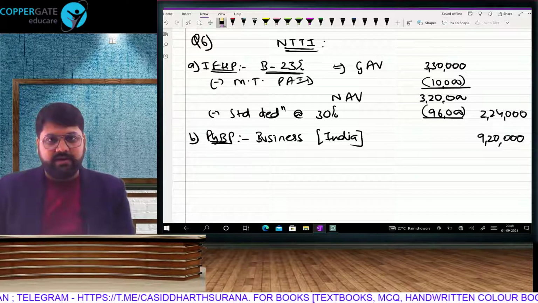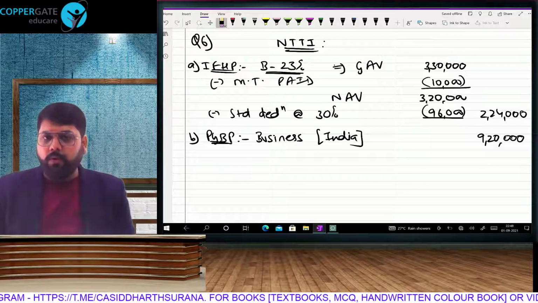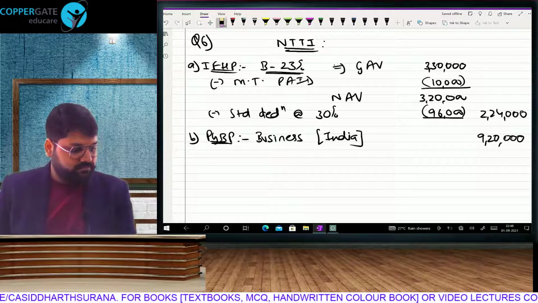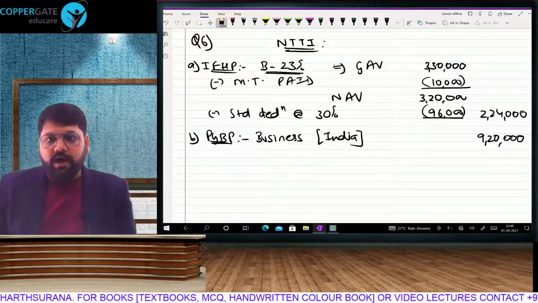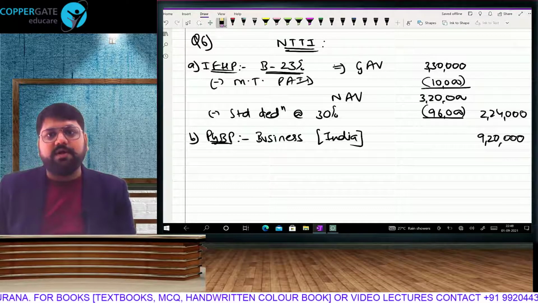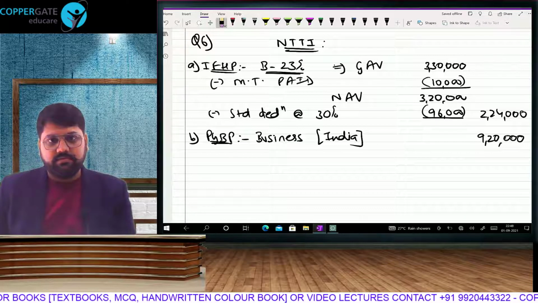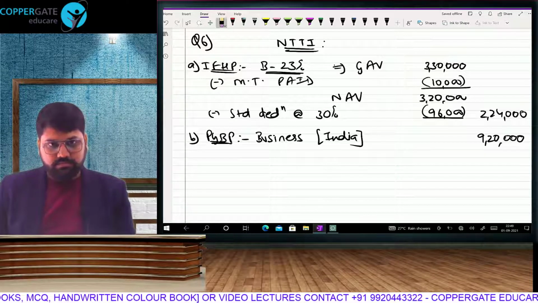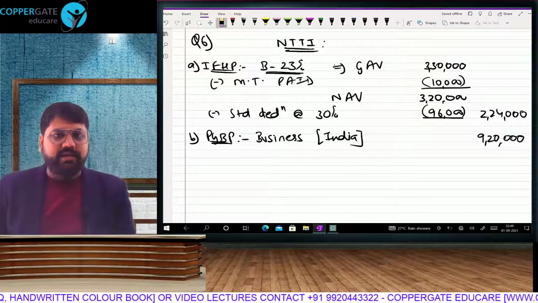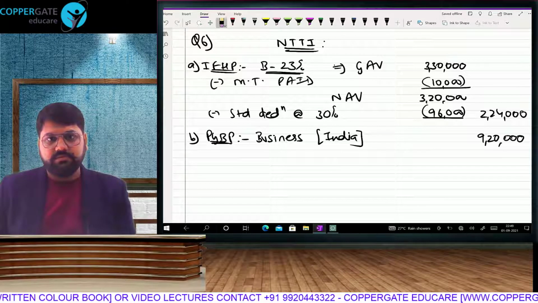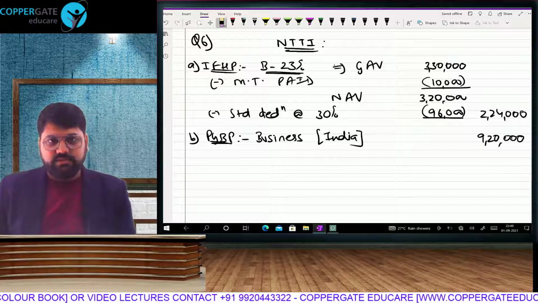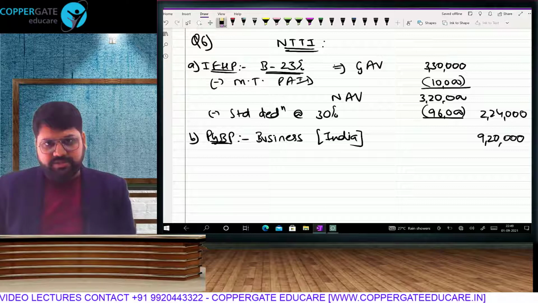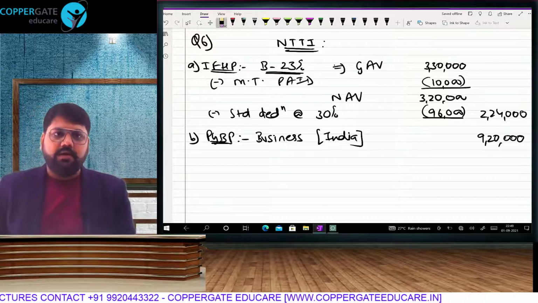In short I will make you write: agriculture income exempt only if in India, outside India taxable only for resident under IFOS.